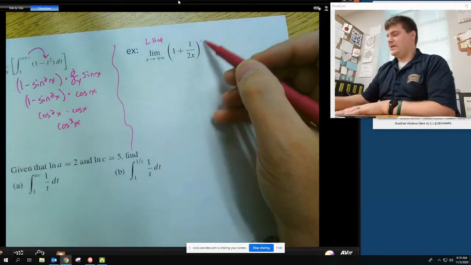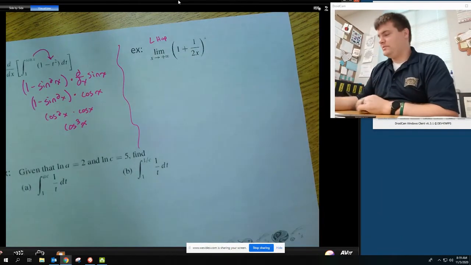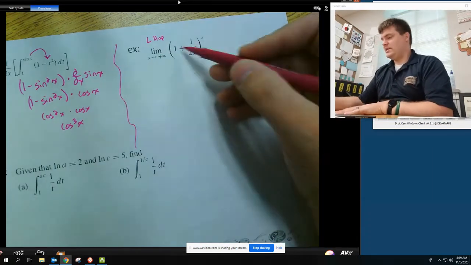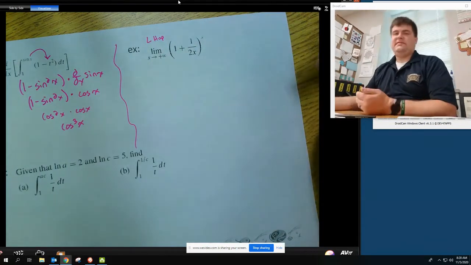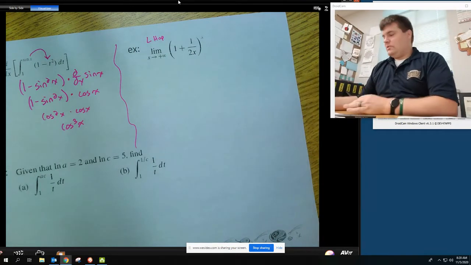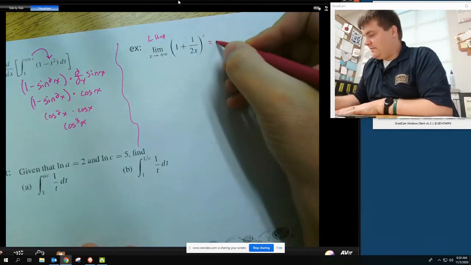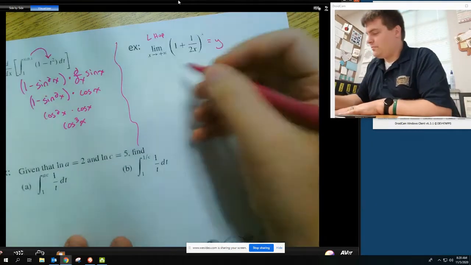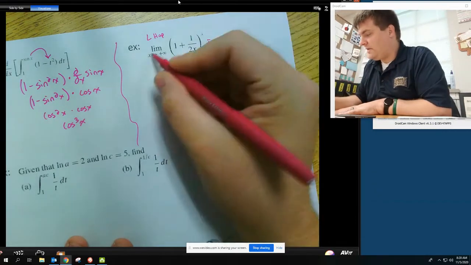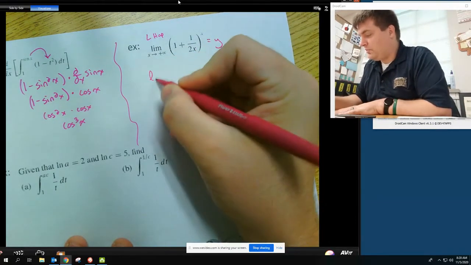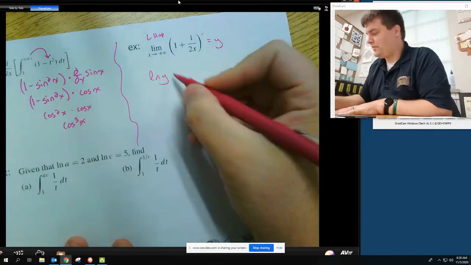This is one of those because we have a variable in the exponent. So we can't just plug in the infinity because we're going to get 1 to the infinity if we were to plug this in. So we need to set this equal to y. We're going to ln both sides. If you don't mind, I'll put the y over here, I'm just more familiar with that.